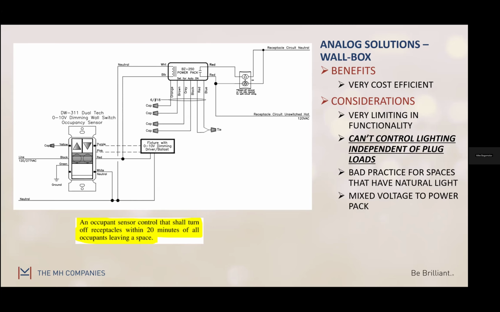So as you're designing this, this is kind of a loophole that is being used, so I want you to be mindful of that, because you could end up with an end user that's stuck having to use their lights in order to use their controlled receptacles. And that doesn't work. That defeats the whole purpose.